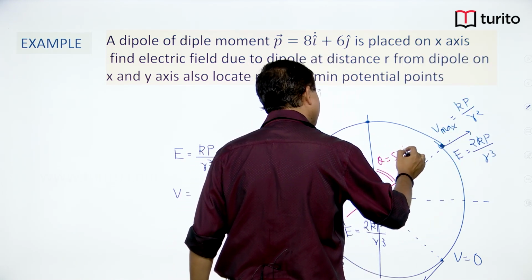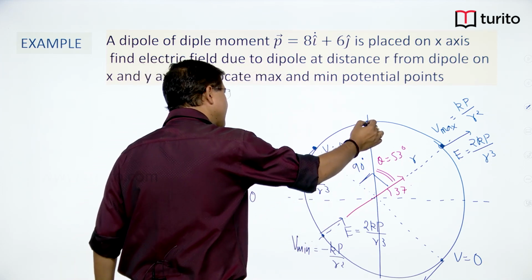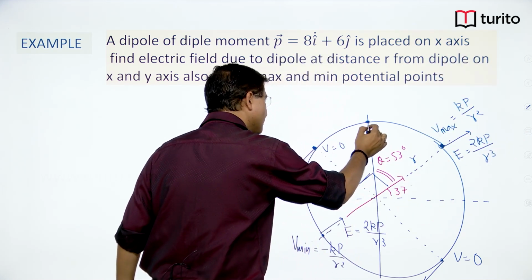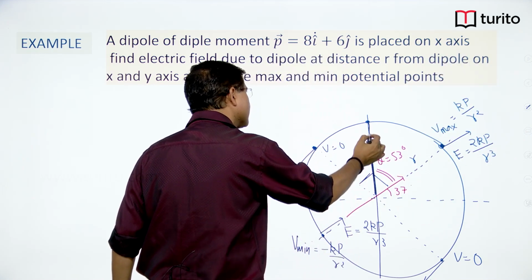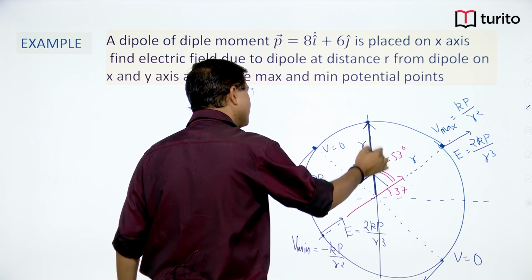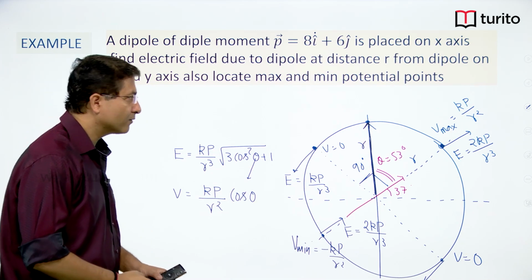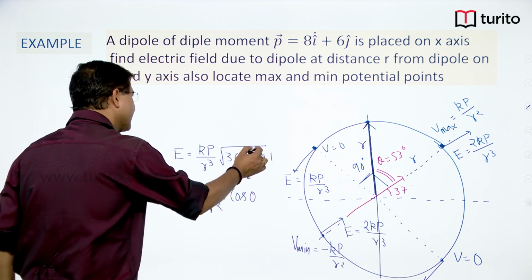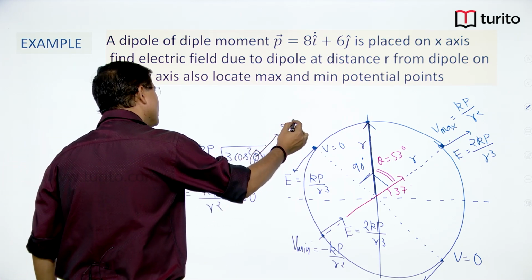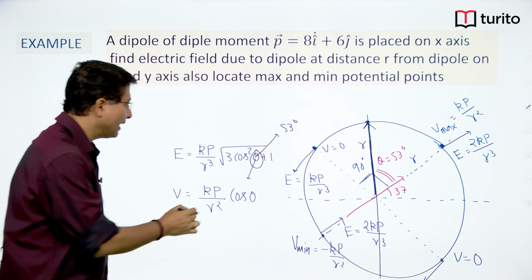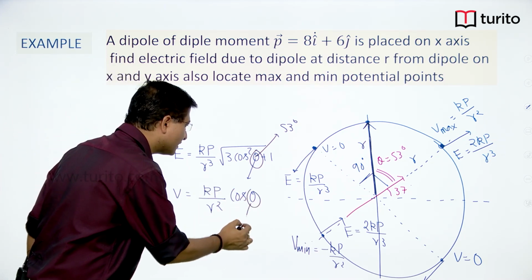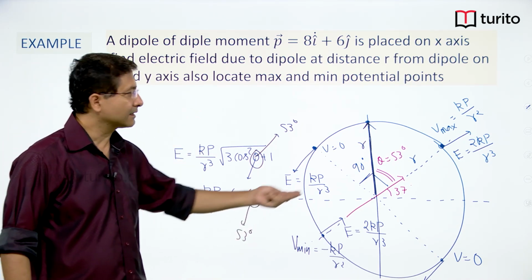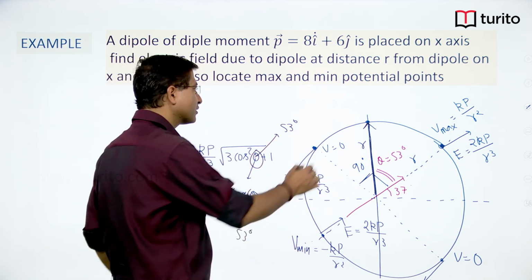Theta is equal to 53 degrees. So this will be the r vector, and from the dipole moment it is making angle 53. So I need to set this angle 53 to get the magnitude of field, and to get potential I need to set this angle as 53. So just substituting the angle, you will get the corresponding value of potential and field at this particular point.